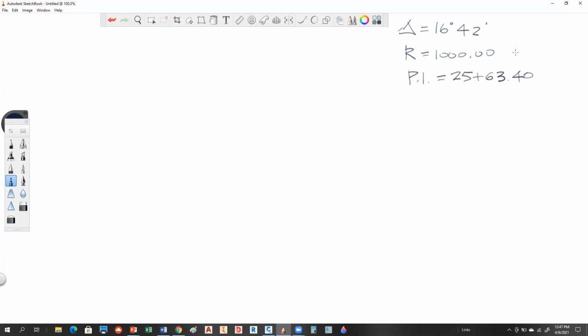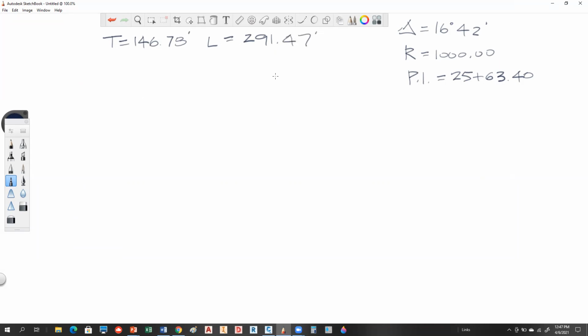So we had calculated a couple of things last week. I could go back through it if you need to, but we calculated the T for this curve to be 146.78 and the length of arc to be 291.47. Okay, so we did this last week.